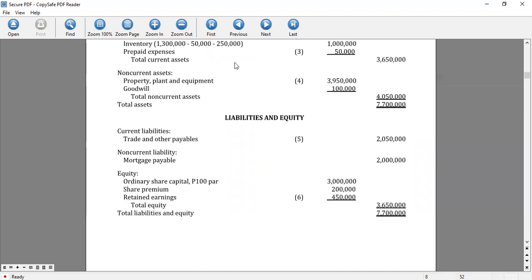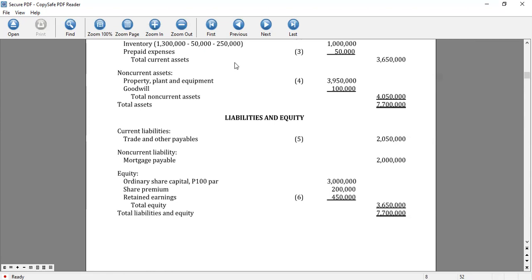So that's the amount given for the non-current liabilities. So how would you account for the non-current liabilities? Mortgage payable is included. Next, equity, the ordinary share capital of 100 par.